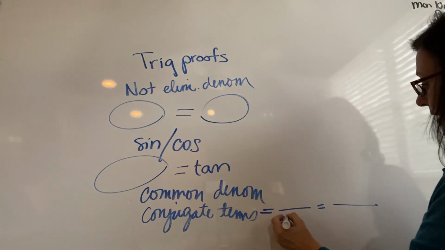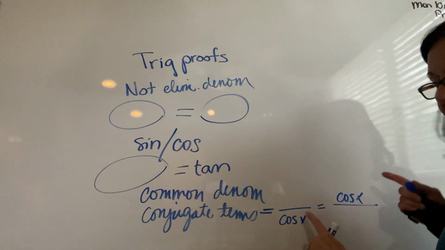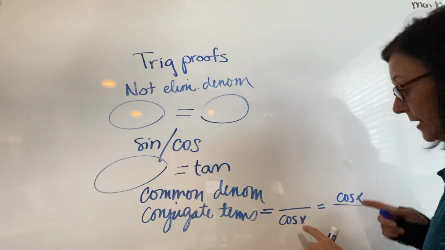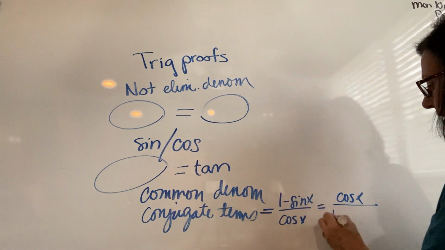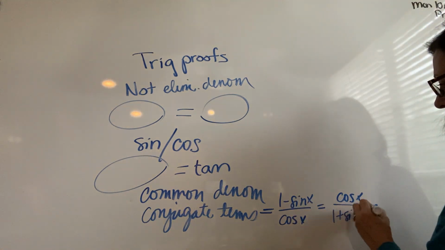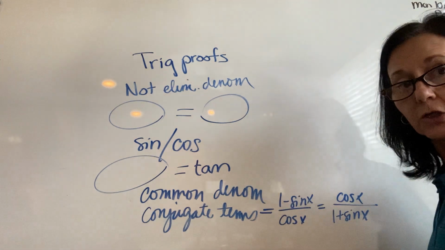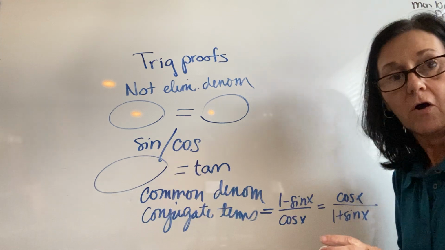Like when this is the cosine, so maybe my means is the exact same trig identity, and maybe this is 1 minus the sine, and this is 1 plus the sine. I'm always going to work these a particular way. Always.